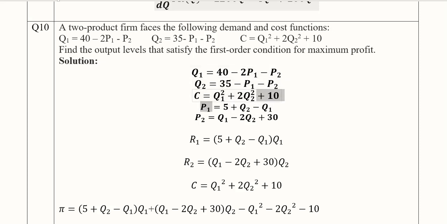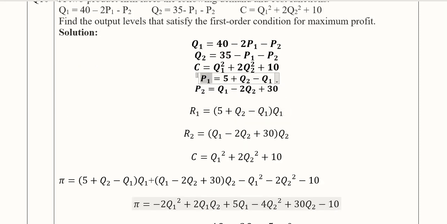We can extract the value of P1 from both equations and then equate them in order to get an equation in terms of P2 and Q1 and Q2. This couple is found by finding the simultaneous solution of these two by equating P2s and P1s. You can do this by pausing the video and you will get these two results.